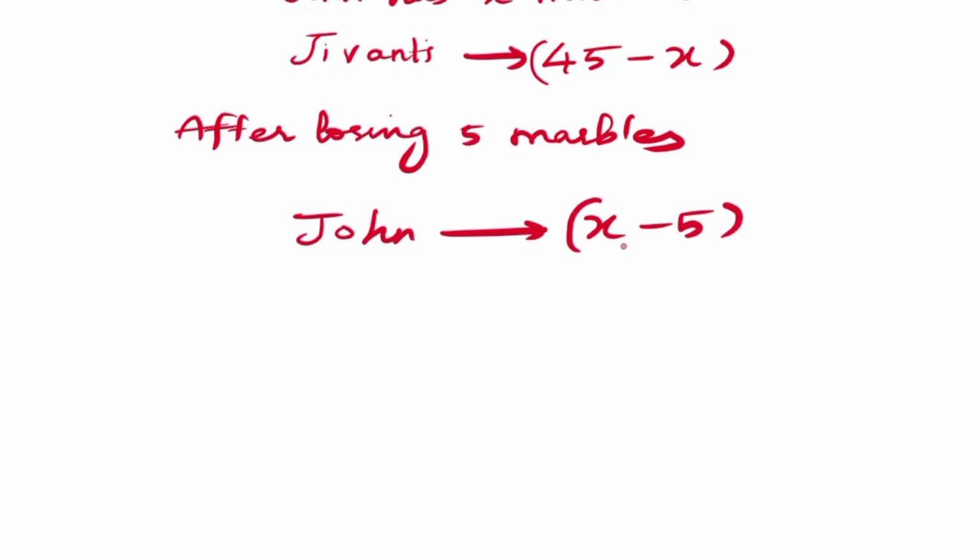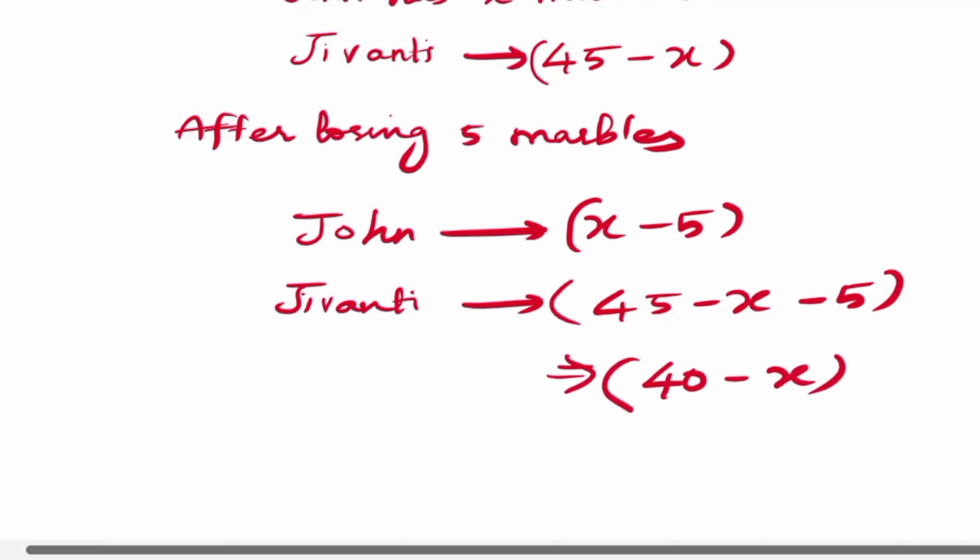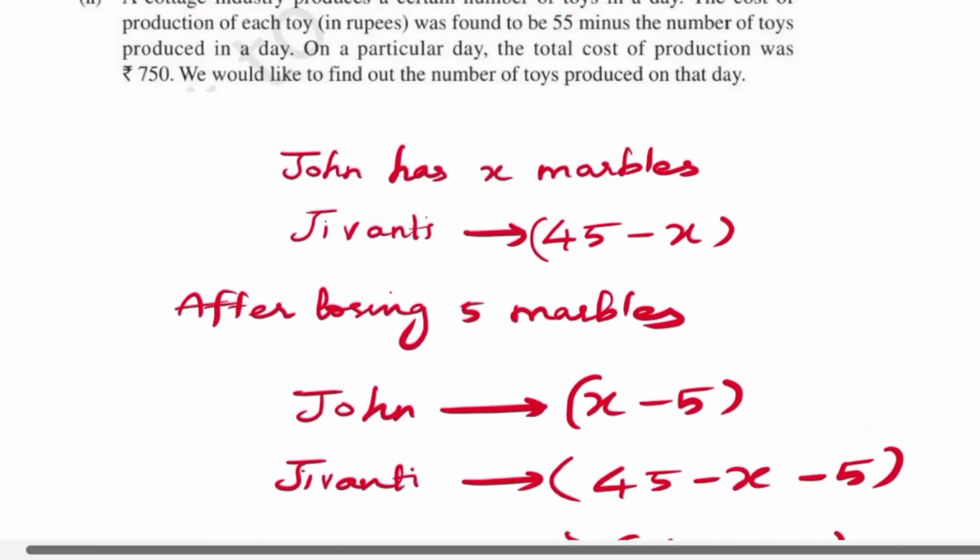Initially he had X marbles, and now because of losing 5 marbles he is having X minus 5 marbles, and Jivanti will have 45 minus X minus 5 marbles, which comes out to be 40 minus X marbles. So currently John is having X minus 5 marbles and Jivanti is having 40 minus X marbles.